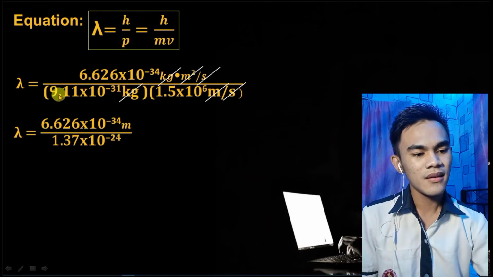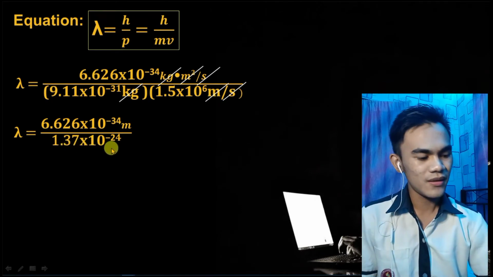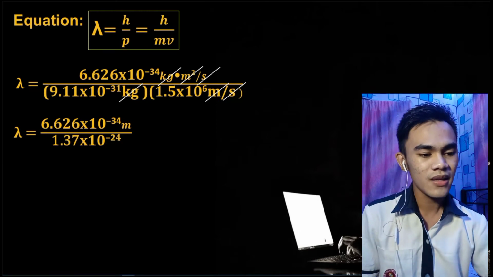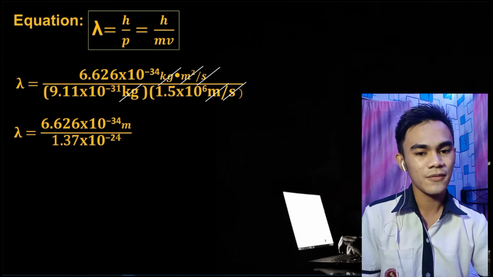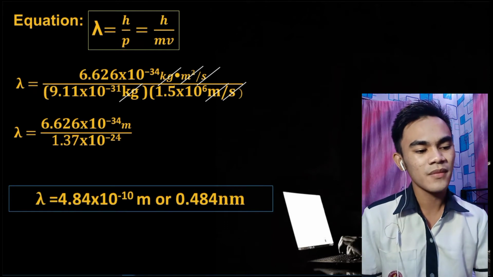And 9.11 times 10 raised to the power of negative 31 multiplied by 1.5 times 10 raised to the power of positive 6 is equal to 1.37 times 10 raised to the power of negative 24. So 6.626 times 10 raised to the power of negative 34 meters divided by 1.37 times 10 raised to the power of negative 24 is equal to 4.84 times 10 raised to the power of negative 10.